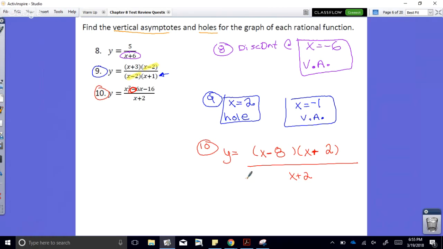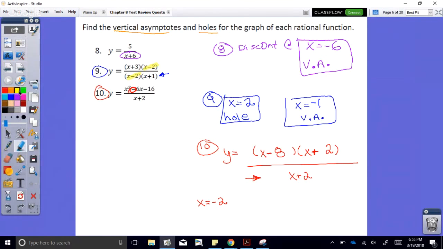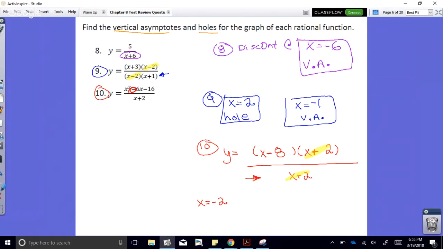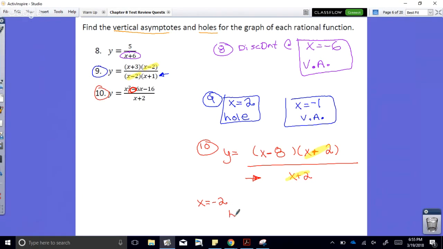Again, when it comes to the discontinuity, the asymptotes and holes, all I care about is the denominator. So we have something happening at x equals -2. Then we just have to determine if it cancels. If you look here, the x plus 2's can cancel, which makes x equal -2 a hole in the graph.